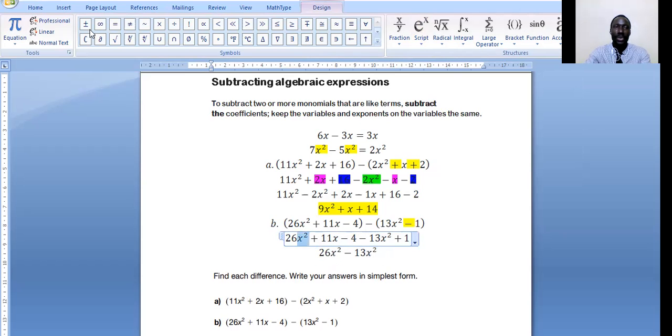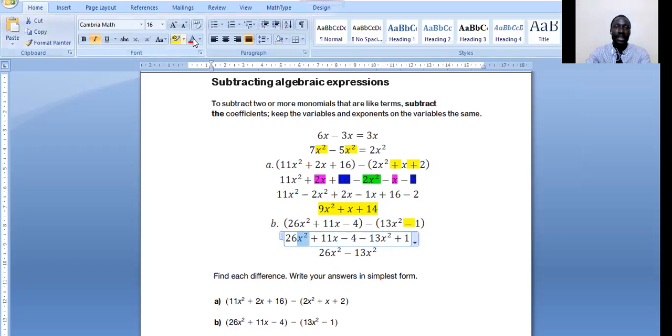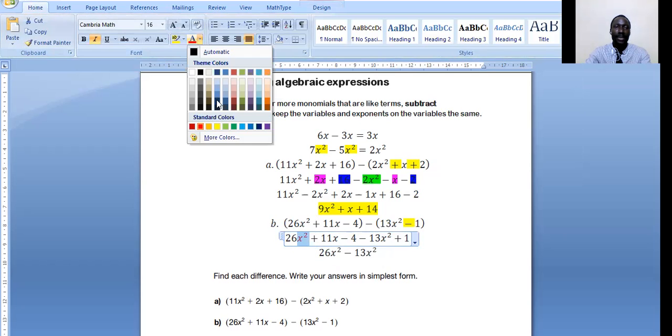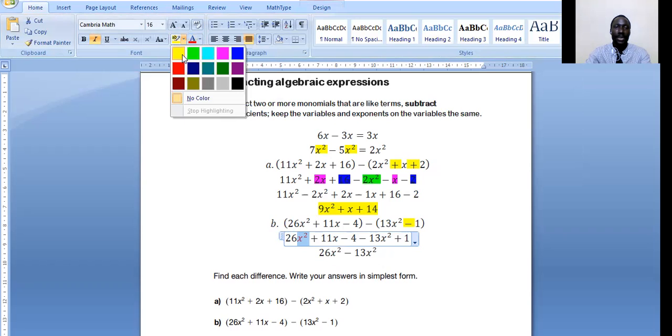They have x squared and x squared. Check this out. Let me highlight it just a little bit. Yes, so look at this. There is x squared right there, and also there is x squared here.